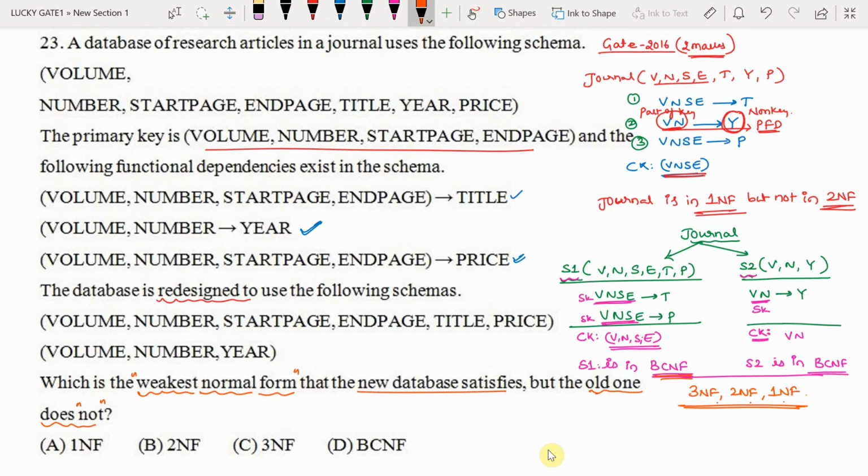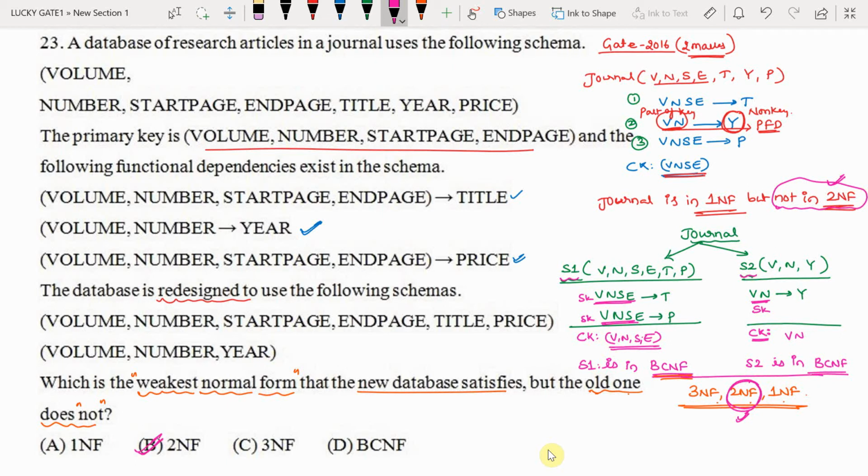But the question is about what the old one does not satisfy. Here, what does the old one not satisfy? The old one does not satisfy 2NF. Is it satisfying 2NF in the new database? Yes. So the weakest normal form that the new database satisfies, which is not satisfied by the older database, is 2NF. So the answer for the question is option B.